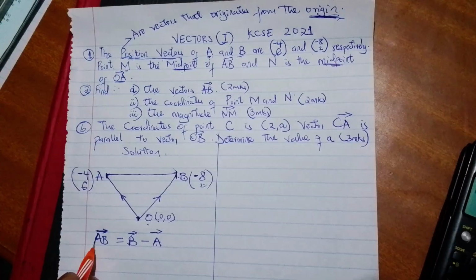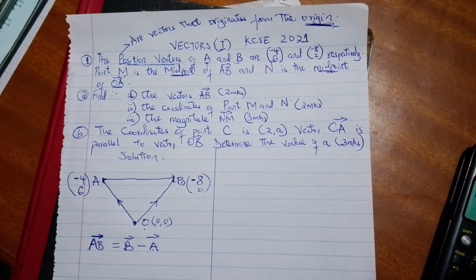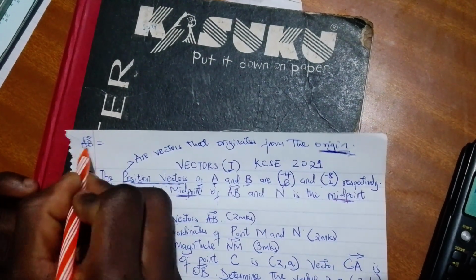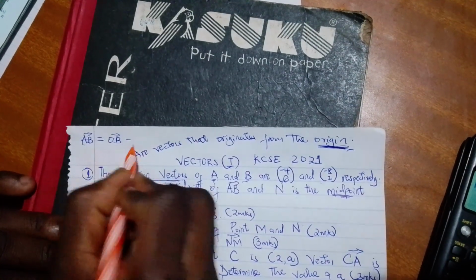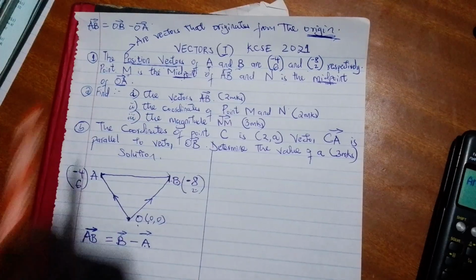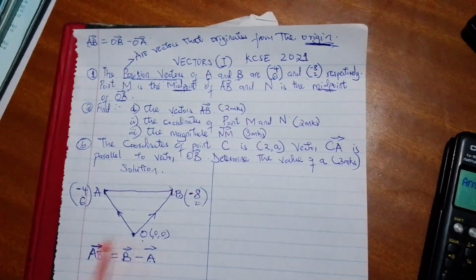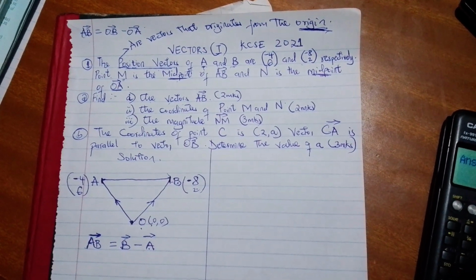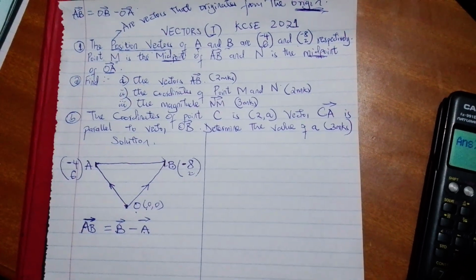Another student will say that vector AB is equal to the position vector of point B, which is the same as OB, minus the position vector of point A. This is just the same thing. All of you are bright, please.